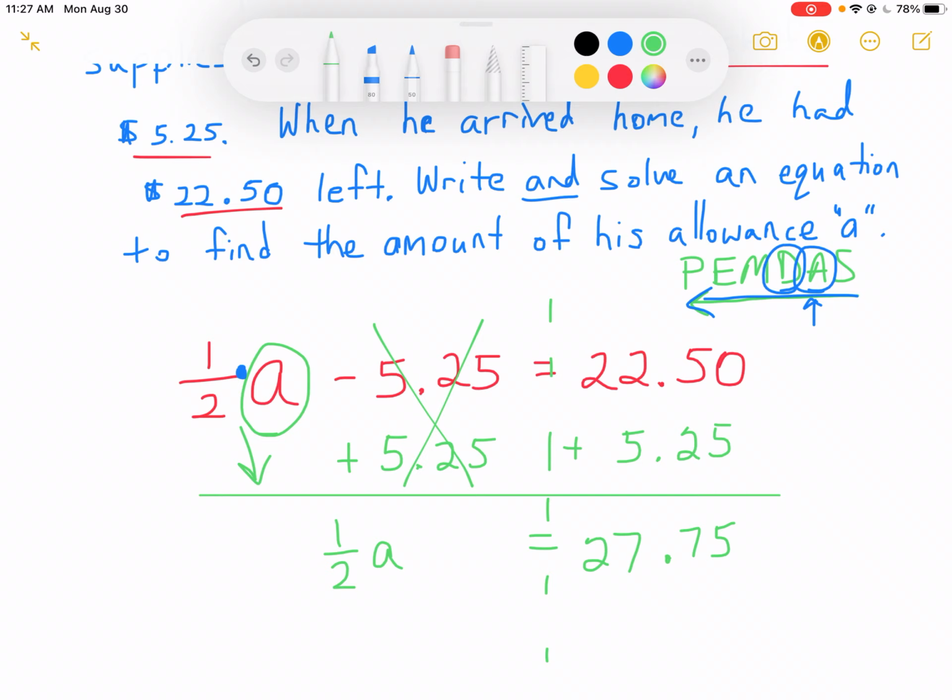Okay, so we said we were going to add, and then we said we were going to divide, because this is like multiplication. But we remember, on the one-step stuff, we learned if I am dividing by 1/2, all I'm really going to do is multiply by the reciprocal, multiply by 2/1. So I need to take $27.75 and double that amount.